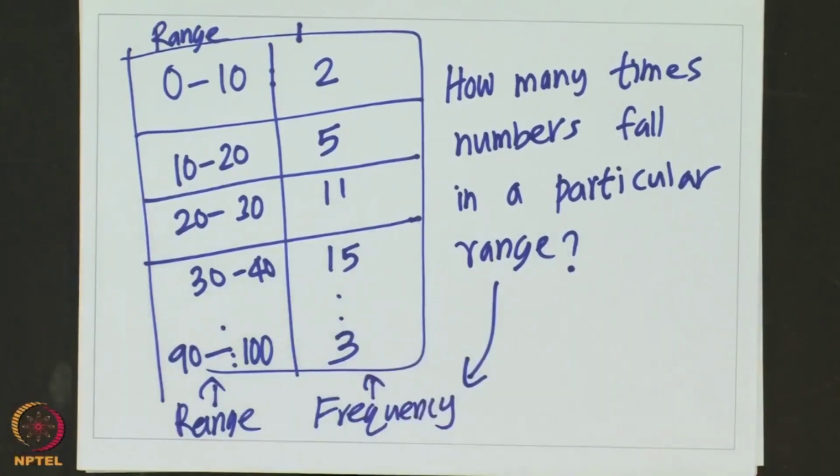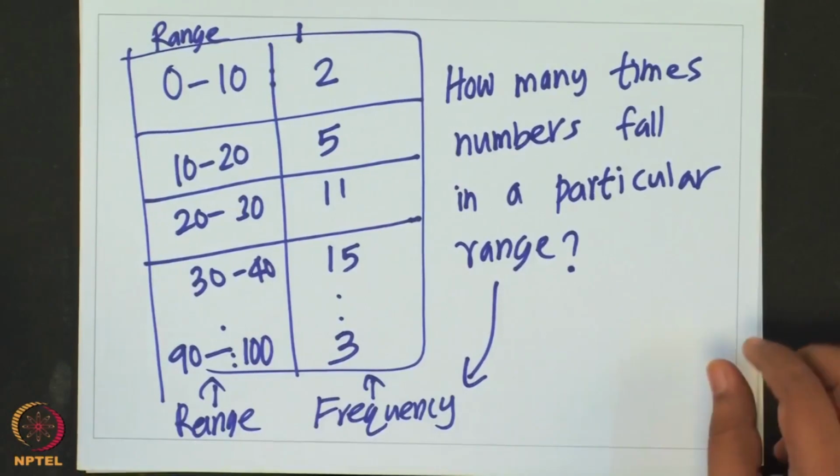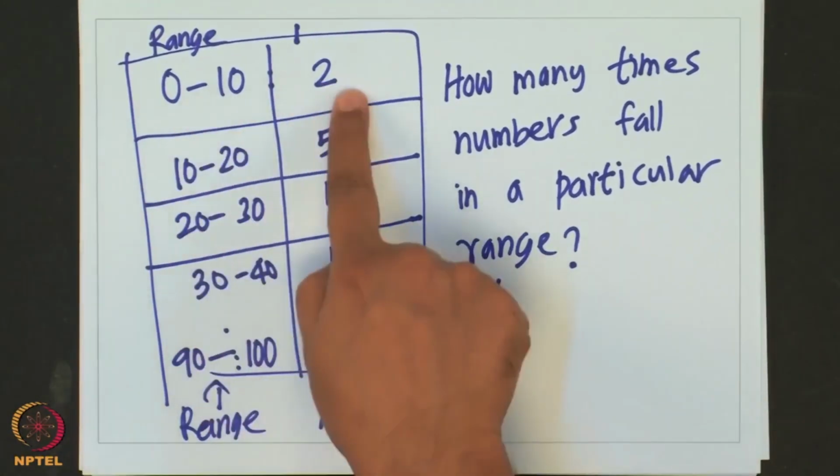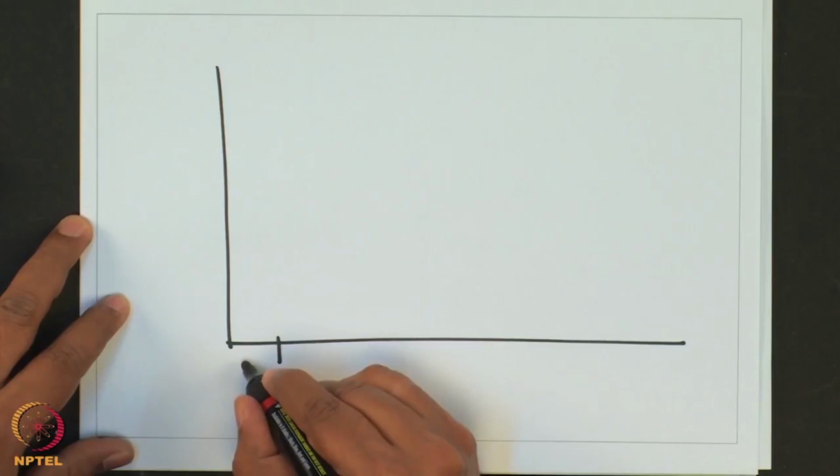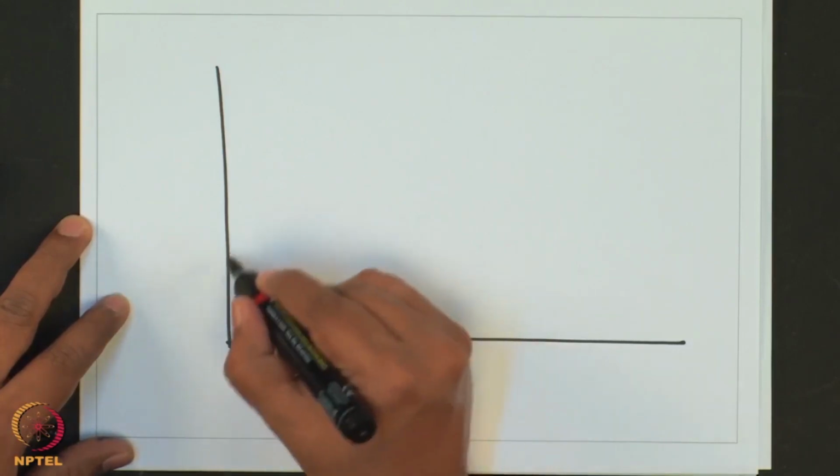So if you have a table like this, you can plot a histogram. Basically this versus this, we can make a plot. Between 0 and 10, the first range, how many? 3 times.